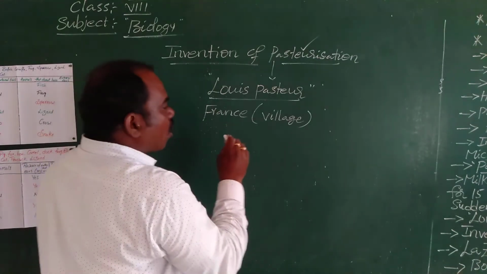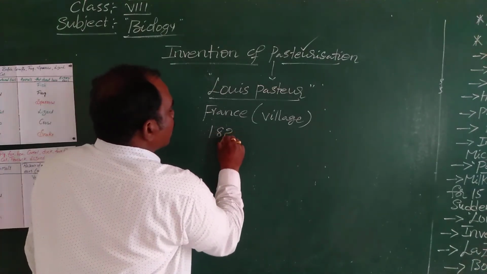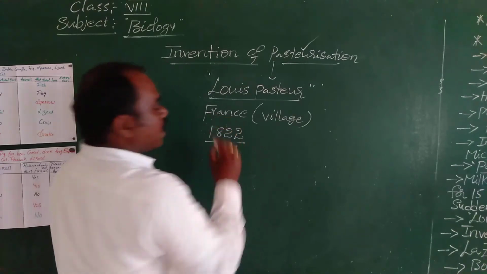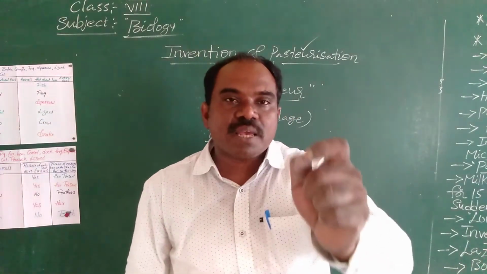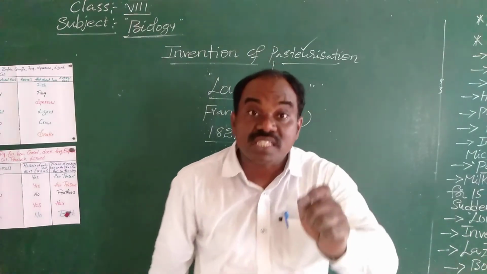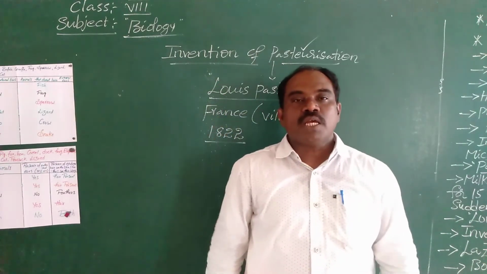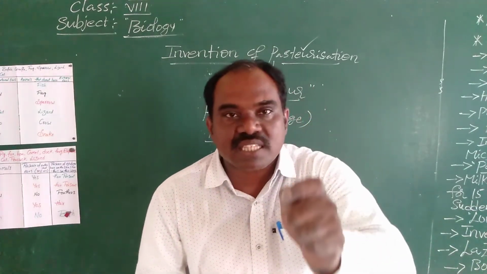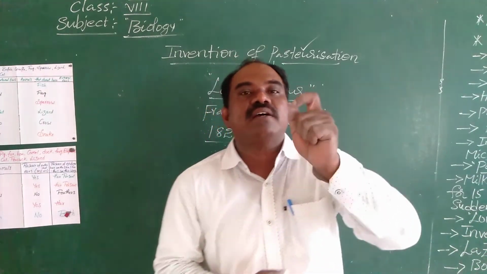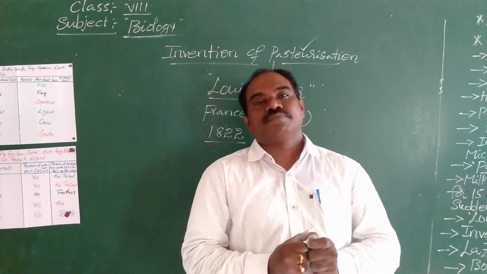He was born in the year 1822. Basically, he was a painter. He wanted to become a teacher. He was interested in subjects like mathematics, chemistry, and physics.